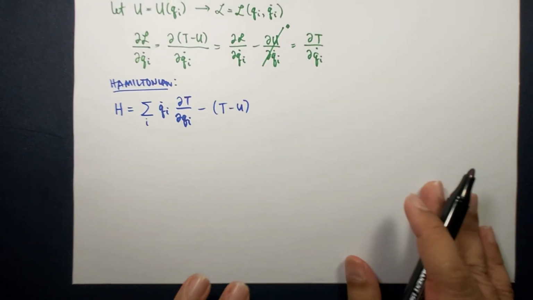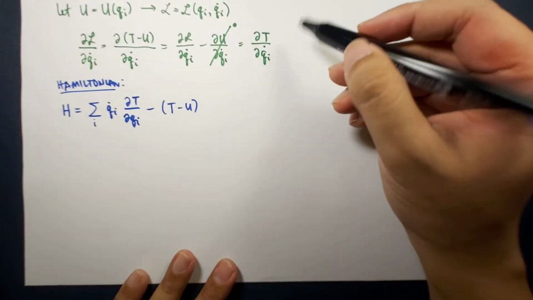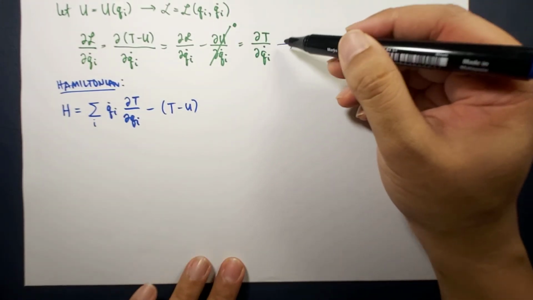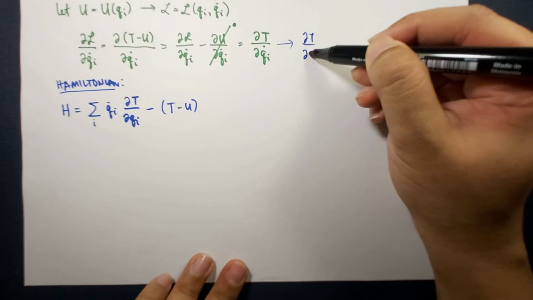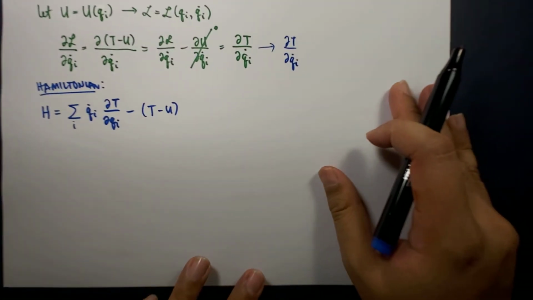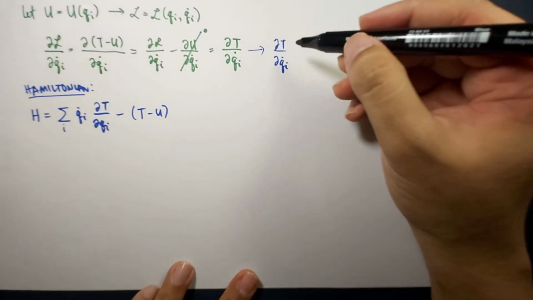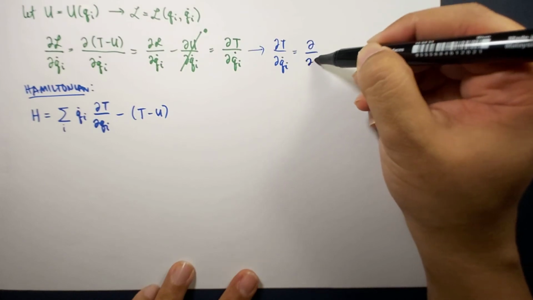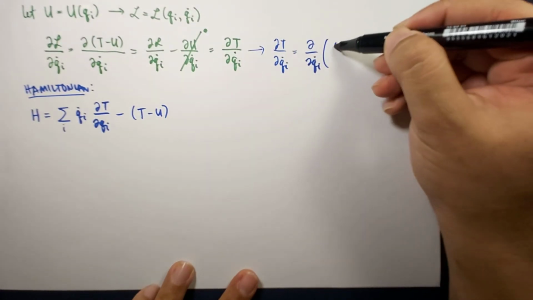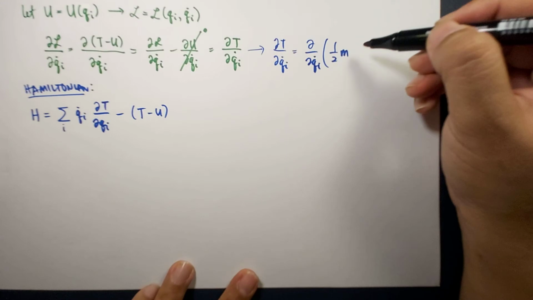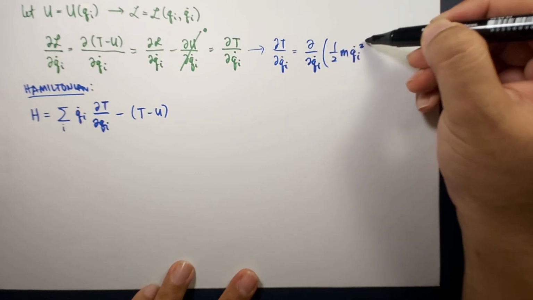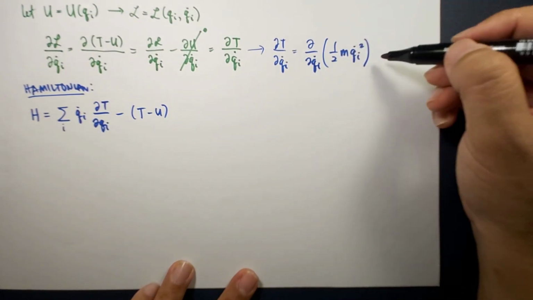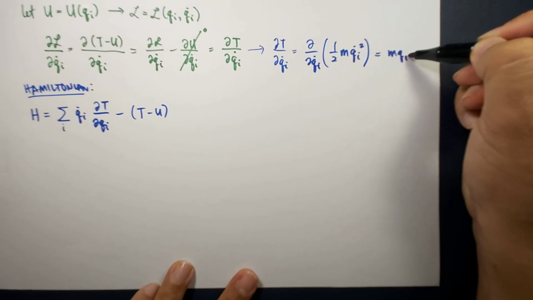Now if we're going to recall this one, the partial derivative of the kinetic energy with respect to qi dot is the partial derivative with respect to qi dot of 1/2 m qi dot squared, which is equal to m qi dot.